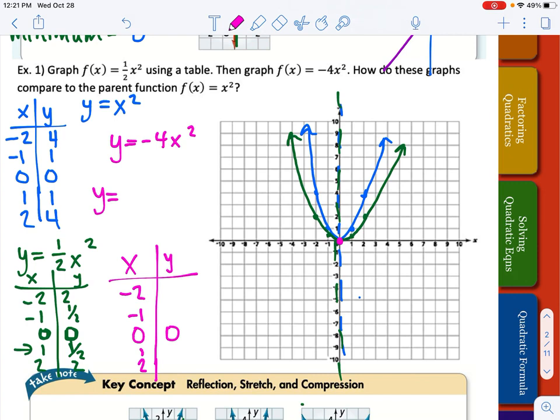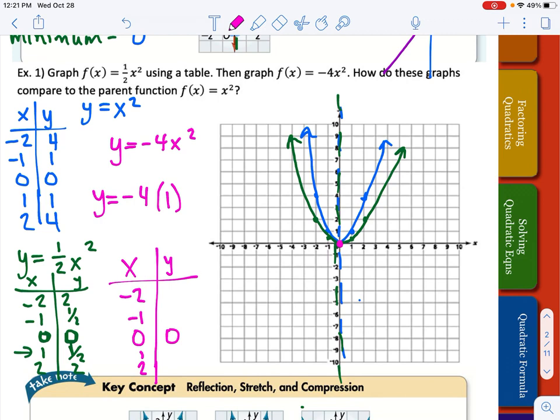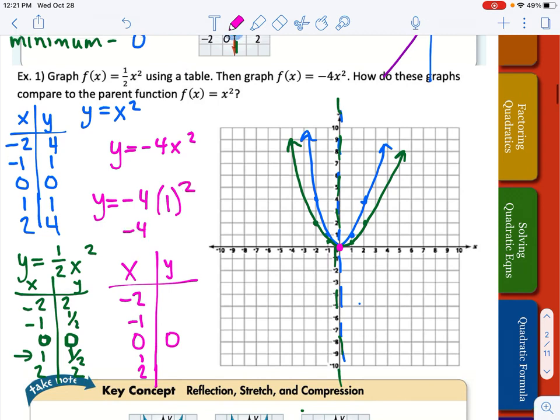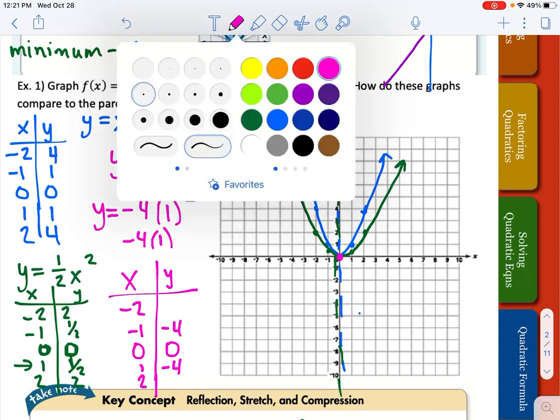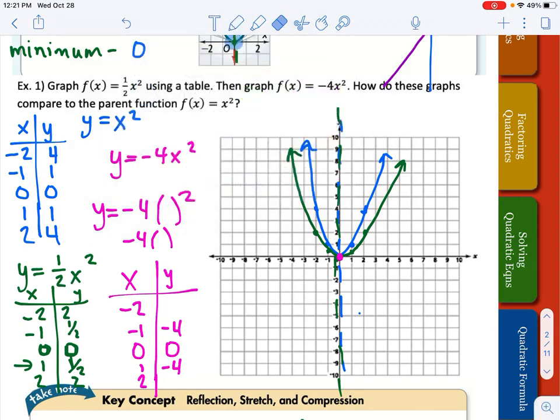And then we just plug these in. So -4 times 1 squared. Well, 1 squared is just 1, so -4 times 1 is -4. That means because this is symmetric about its axis of symmetry, that -1, -4 is also a point. And then we plug 2 in here.